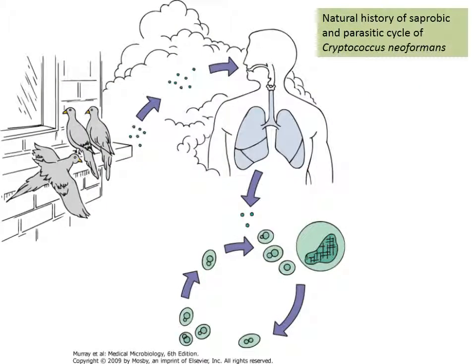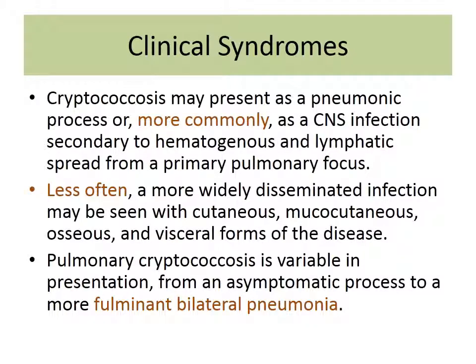So that's one thing special for this particular fungus that you have to keep in mind: the cause of fungal meningitis. This is the natural history of the saprobic and parasitic cycle of Cryptococcus neoformans. Again, you can see pigeons, bird droppings; you inhale them and they go into your system, and that's where the clinical disease begins. Most commonly we see a lung infection, pneumonia or a pneumonic process.